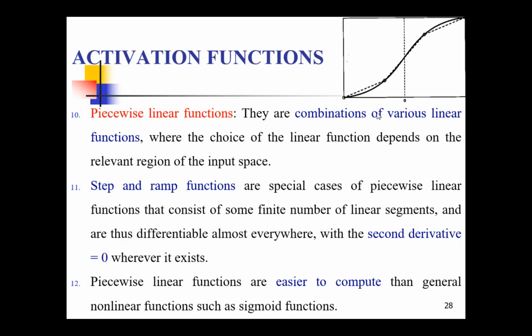The advantage of the piecewise linear function is that it is easier to compute than the sigmoidal. In this image, you can see the sigmoidal function that changes between -1 and +1 converted into piecewise linear functions. By doing this, it is very easy to compute compared to the sigmoidal functions.